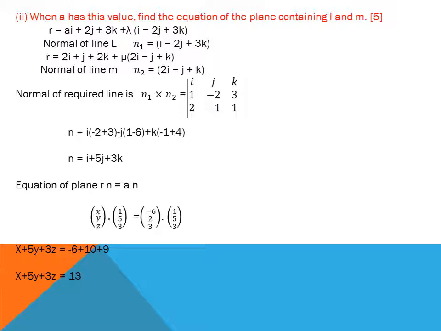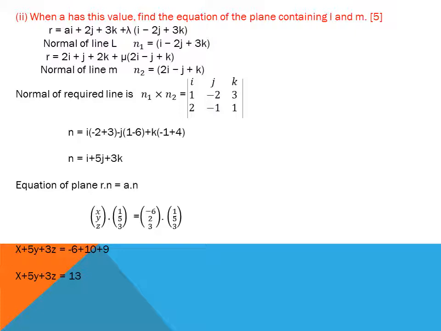I find the normal of the plane by the cross product using the simple matrix method. i, j, k; 1, minus 2, 3; 2, minus 1, 1. First I find i. Hide the column of i and the row i, j, k. I find i into minus 2 plus 3. Take a negative sign, then j: hide the column of j and the row i, j, k.